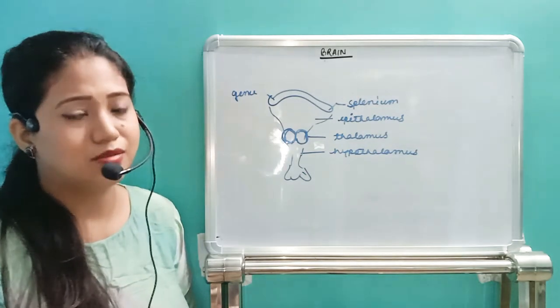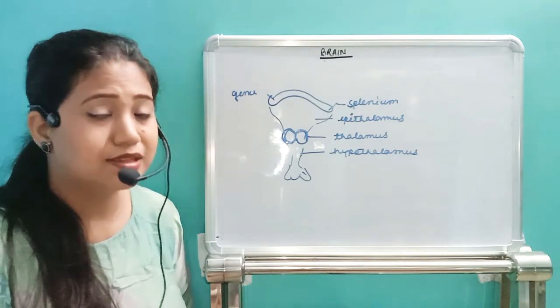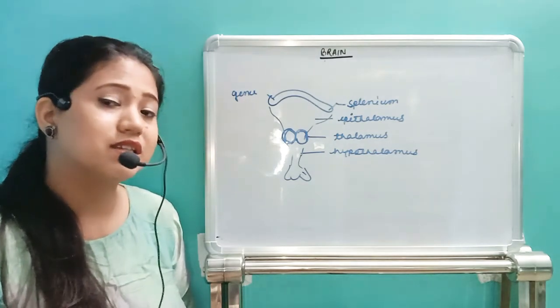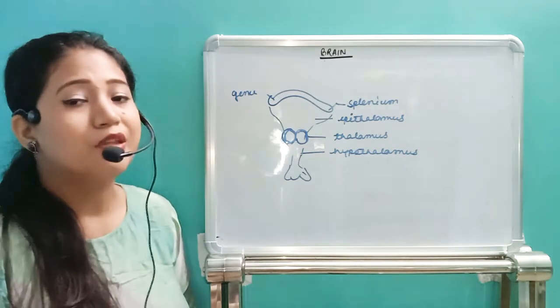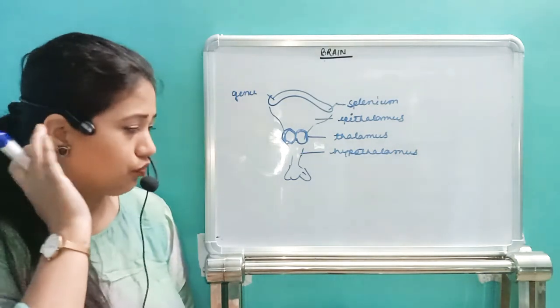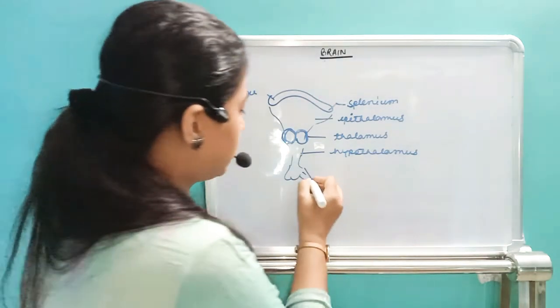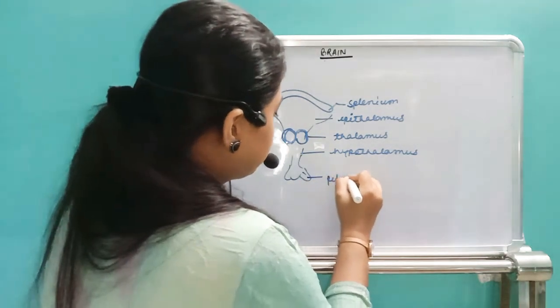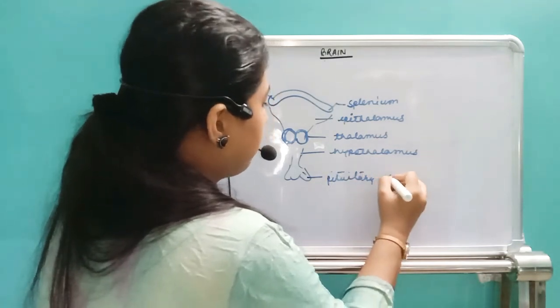Next one, hypothalamus. You can remember that when we discussed the locomotion and movement chapter, I told you that at the base of this region we have one very important gland, the pituitary gland.